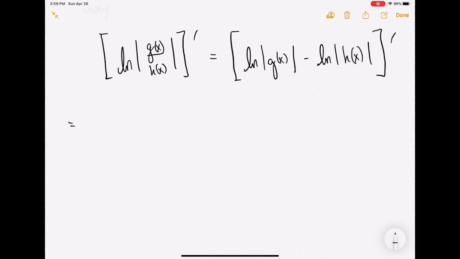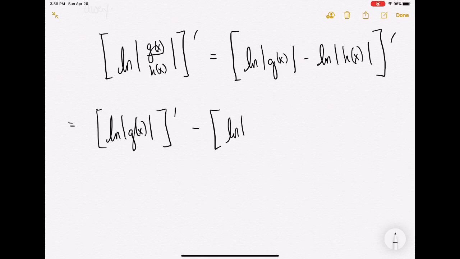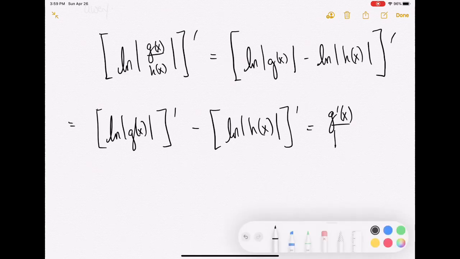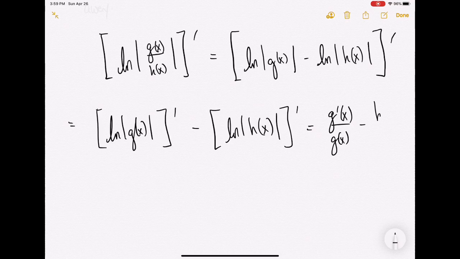The derivative behaves with the minus sign there. So the natural log of g of x, prime, minus the natural log of h of x, prime, which is exactly our answer. g prime of x over g of x minus h prime of x over h of x.